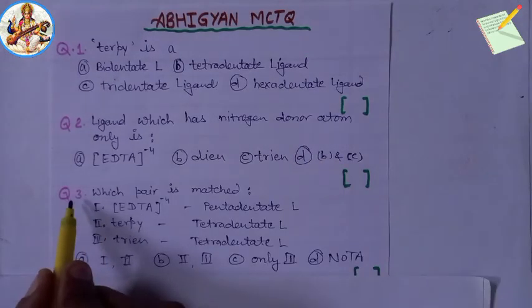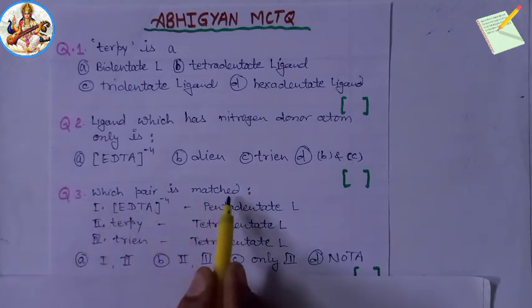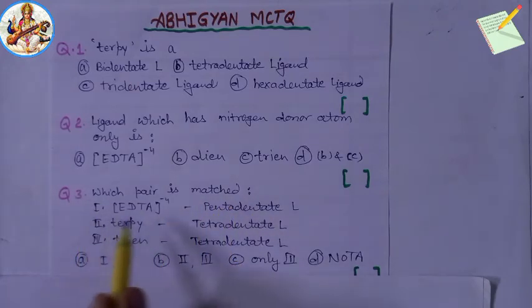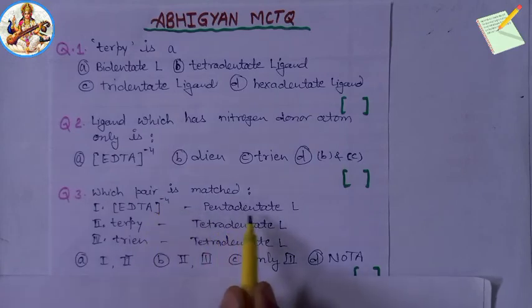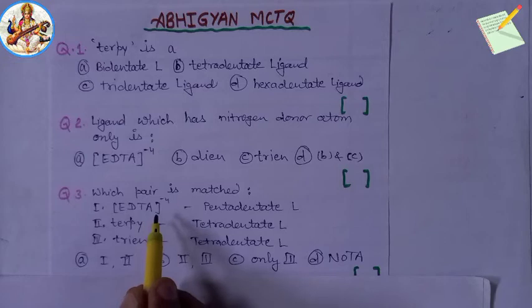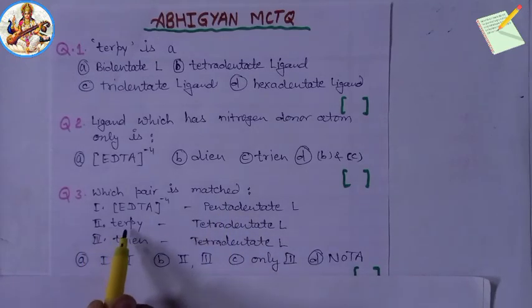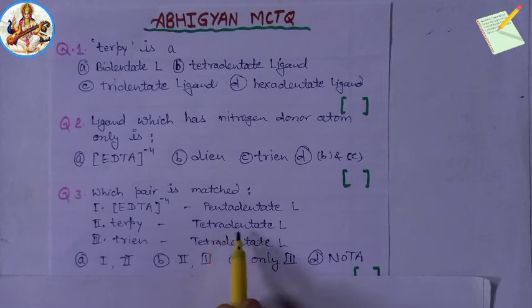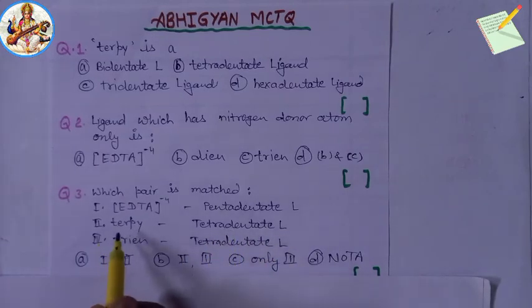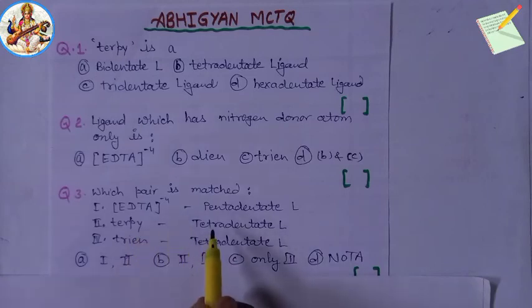Now next, question third: which pair is matched? First is EDTA 4- is a pentadentate ligand. We know that EDTA 4- is a hexadentate ligand, so it is unmatched. Second is TERPY, tetradentate ligand. We know that TERPY is a tridentate ligand.